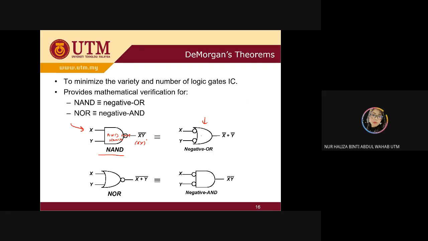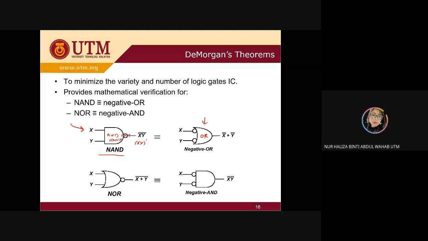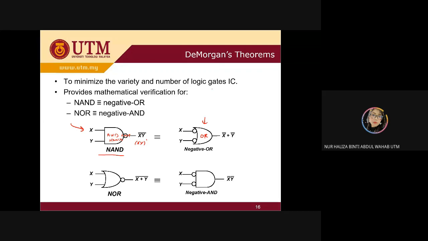This is OR gate. But if you still remember, I mentioned to all of you, starting from module 1, I already mentioned about this bubble. You're going to meet this bubble later on to simplify your Boolean expression or your circuit. So here you're going to see the negative.